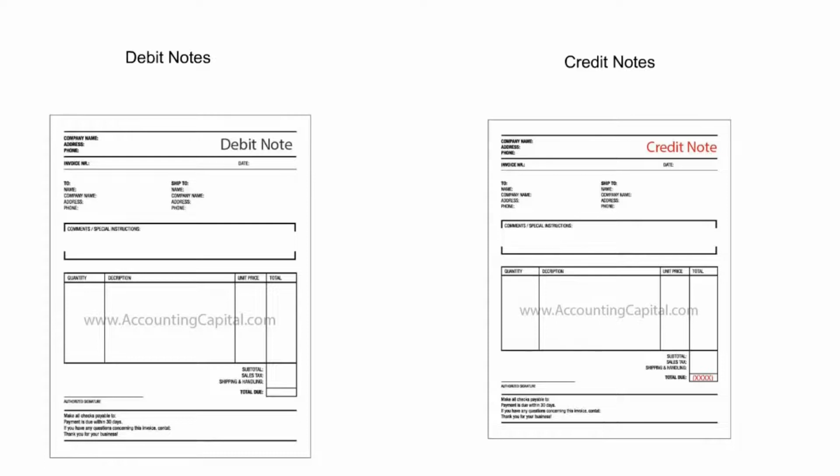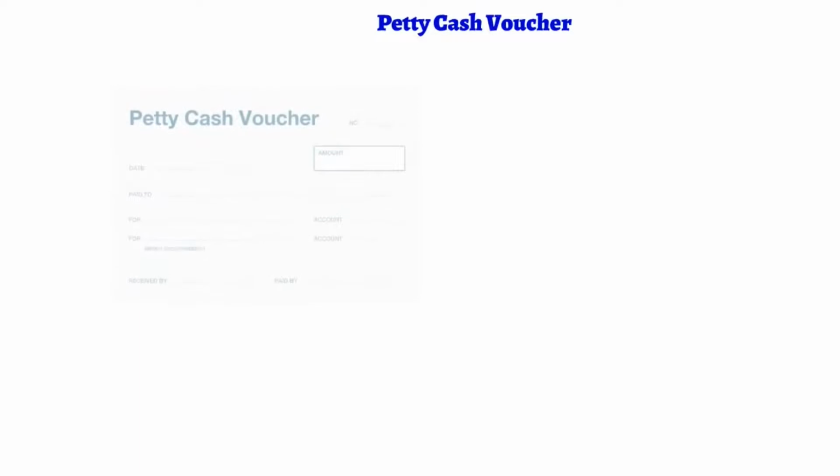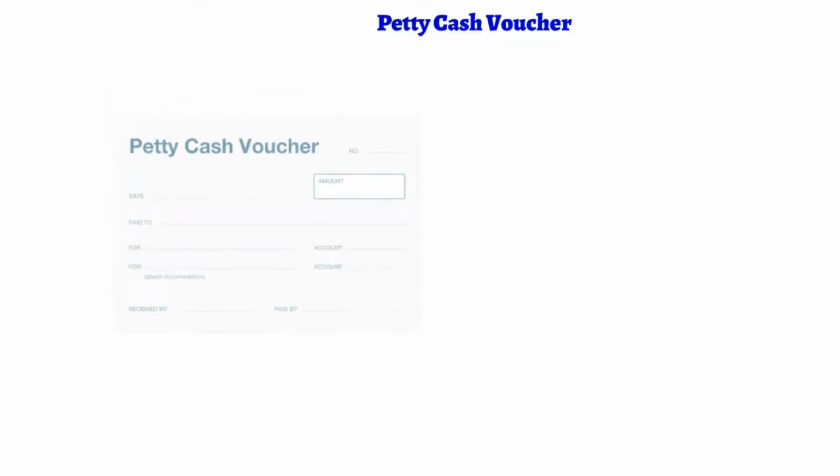Now we'll look at the petty cash voucher. A petty cash voucher is a document used when requesting payment for a small item of expenditure incurred on behalf of the business. The form details the expense and should be signed off by the duly authorized accountant that is responsible for the petty cash.